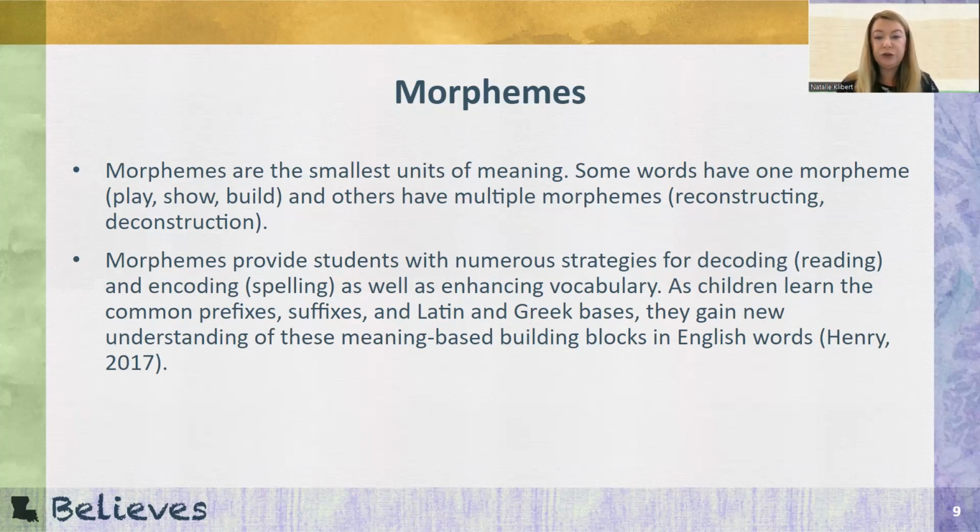Morphemes provide students with numerous strategies for decoding, the ability to see a word or letters and understand what that says, as well as encoding, their ability to spell proficiently, as well as enhancing vocabulary. As children learn the common prefixes, suffixes, and Latin and Greek bases, they gain new understanding of these meaning-based building blocks in English words.